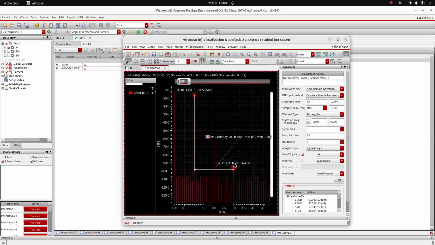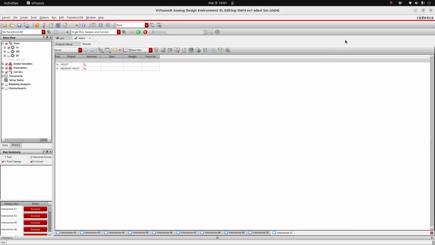We move the marker to the third order distortion, and then we see that this one is very low, 90 dBs, so very close to the noise floor. So maybe we cannot really trust this number. But anyway, the message here is that we have really good distortion performance at 1 kilohertz. Now, as we checked before, the bandwidth of this circuit is above 6 megahertz.